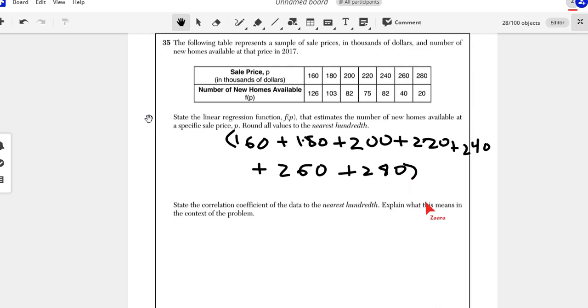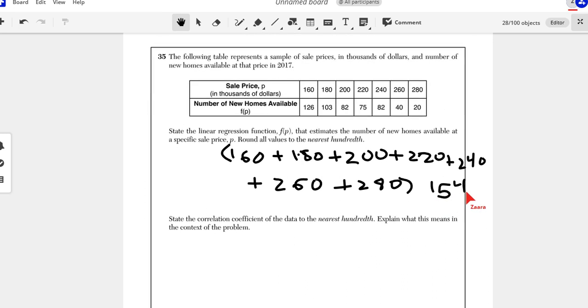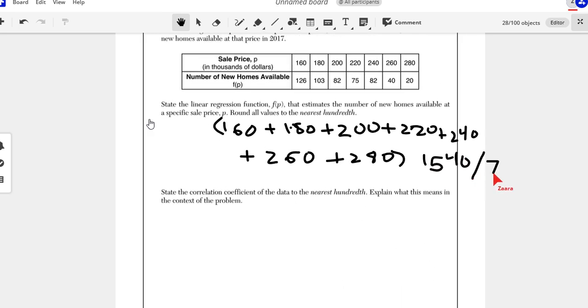Now the answer we get, divided by 7. We get 227.